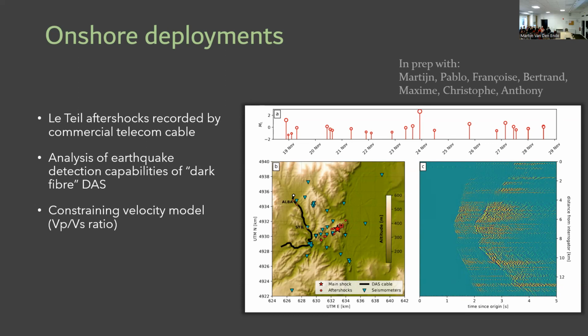And what is very nice about this example is that here we use an existing telecom cable, which we call dark fiber. Dark meaning that the fiber that we're sensing is not being lit or not being used for standard internet and telecommunication. And especially on land, there is a lot of fiber that has been deployed for telecom.